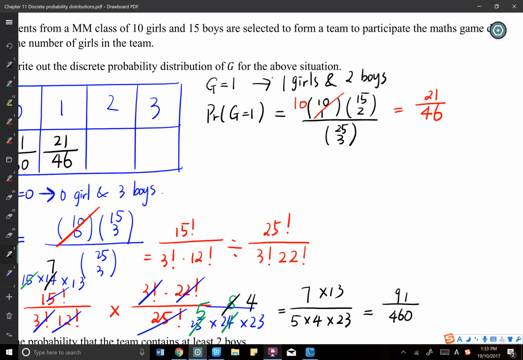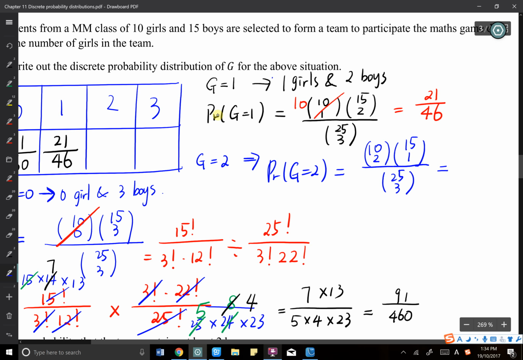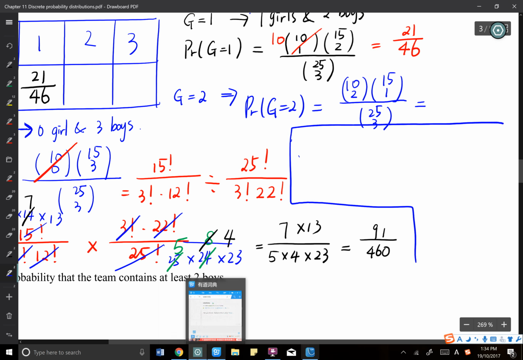So G equals 1, that's this. If we have G equals 2, we need 2 girls and 1 boy. So the probability that G equals 2 equals 10 select 2, and then 15 select 1, over 25 select 3. What is 15 select 1? It is 15.